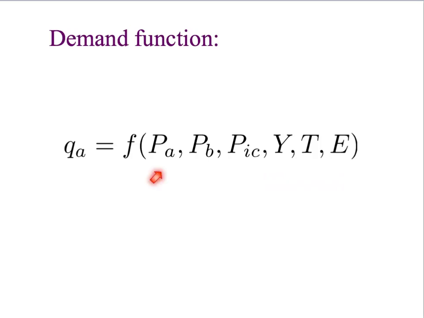The variables on the right-hand side include the price of apples. In other words, the quantity of apples that Jackie would like to buy depends on the price of apples. It's also going to depend on the price of bananas, the price of ice cream, Jackie's income, which we'll represent by this variable, capital Y, Jackie's tastes, and Jackie's expectations.